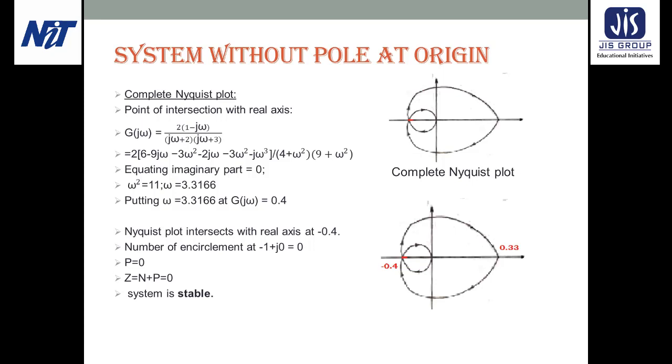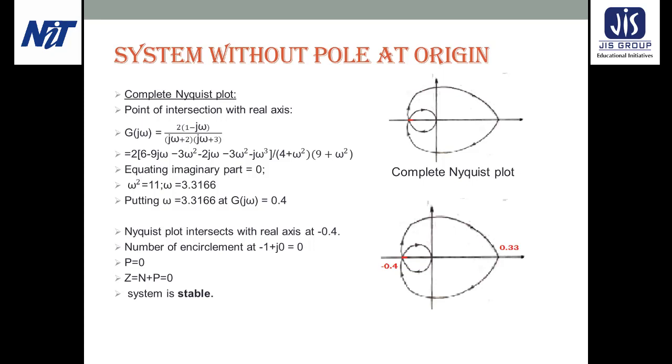Now to find the stability of the system using the Nyquist plot, we need to find the number of encirclements of the minus 1 plus j0 point, because we know that the characteristic equation is 1 plus G(s)H(s) equal to 0, and from that we can say that G(s)H(s) is equal to minus 1. So the number of encirclements of the origin is equal to the number of encirclements of minus 1 in the G(s)H(s) plane.